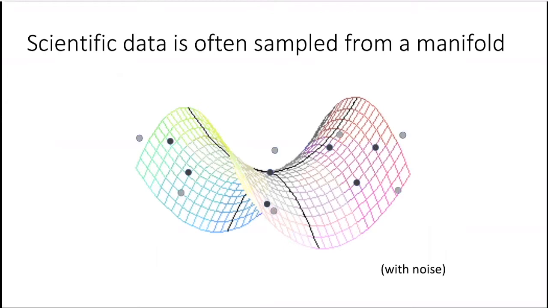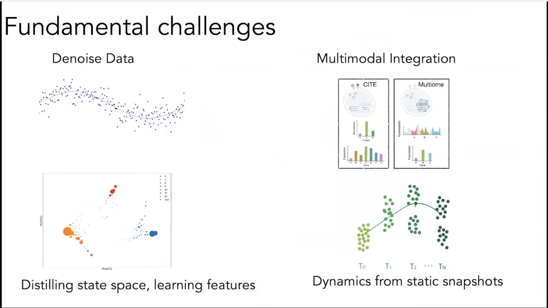Of course, it's often true that things are splayed out of the manifold because of noise. But then you see what the solution is. The solution is to learn the main dimensions of the manifold and restore it, right? So once you have this manifold as a scaffold, you'll start to understand how you can deal with some of the challenges I mentioned here, like, for example, denoising data.